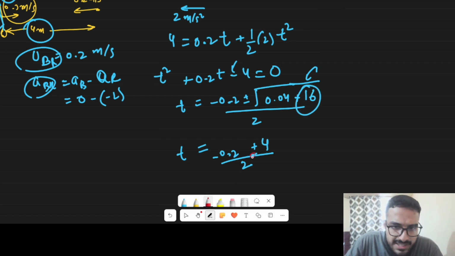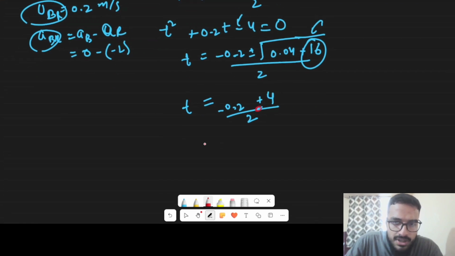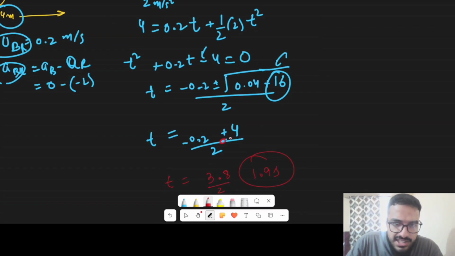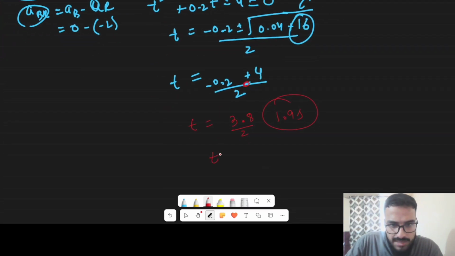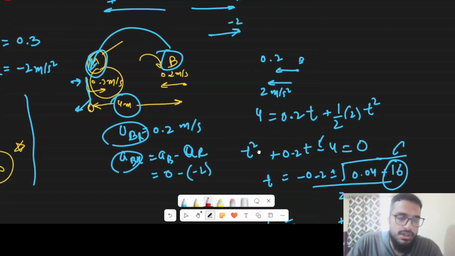We cannot take the minus sign because time cannot be negative, so effectively we got somewhat around 3.8 divided by 2, that is somewhat 1.9 seconds. So in the nearest integer, that would mean time is 2 seconds for the collision of these two particles.